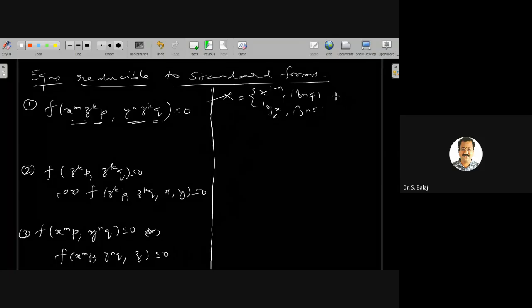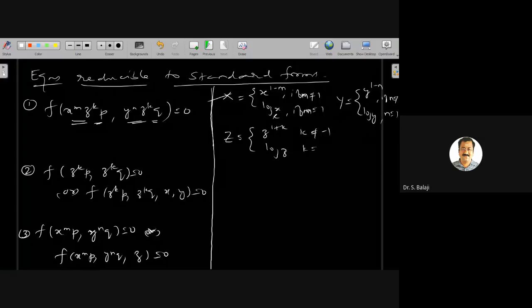Similarly, capital Y is equal to y power 1 minus n for n not equal to 1, and log y for n equal to 1. And z gets a substitution, z power 1 plus k for k not equal to minus 1, log z for k equal to minus 1.